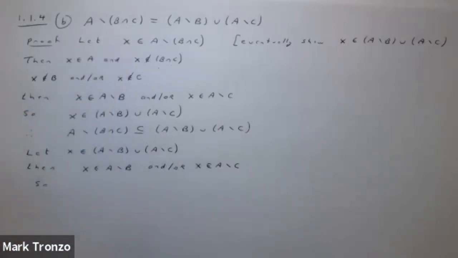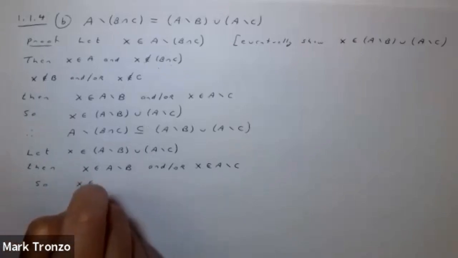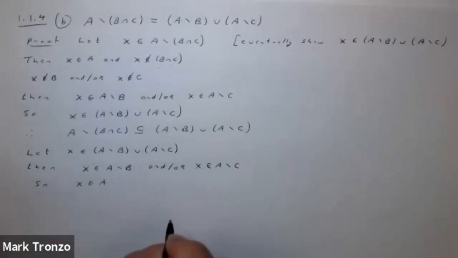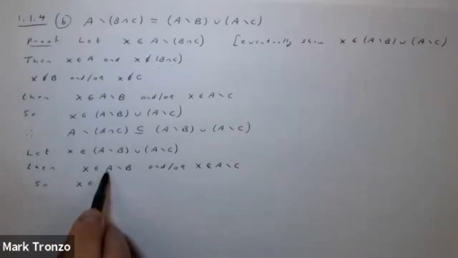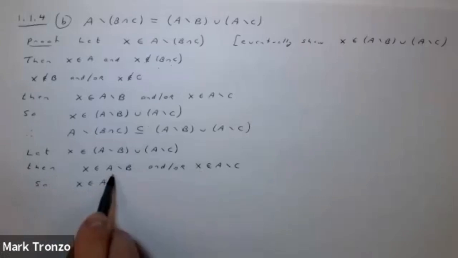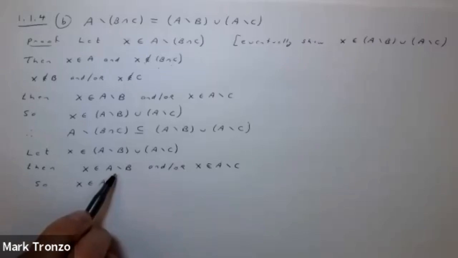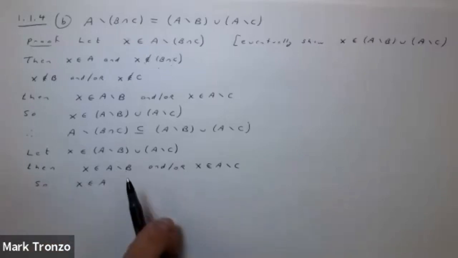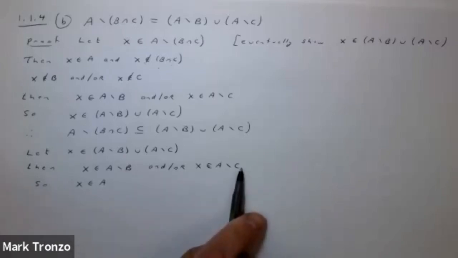So then at this part we can say, so X is in A. Yeah, right. Because for it to be in this and or this, it has to be in A, huh? Because so that has to be true. And then also, it can't be in both B and C, huh?